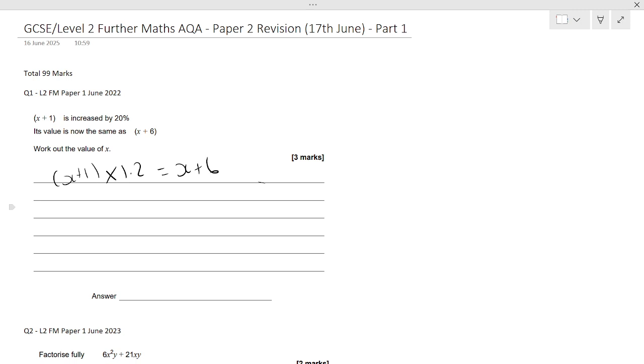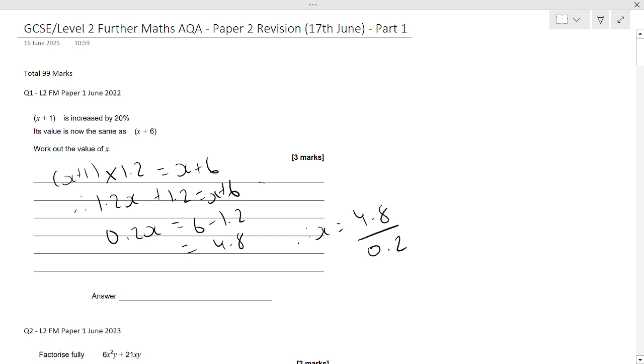And actually, this is just a linear equation, right? Because now we can times the bracket by 1.2, to get 1.2x plus 1.2 is x plus 6. Now we can solve it. I can bring the x to the left to say 0.2x is going to equal 6 minus 1.2, which is 4.8. So x is going to be 4.8 divided by 0.2, and that will get us 24.